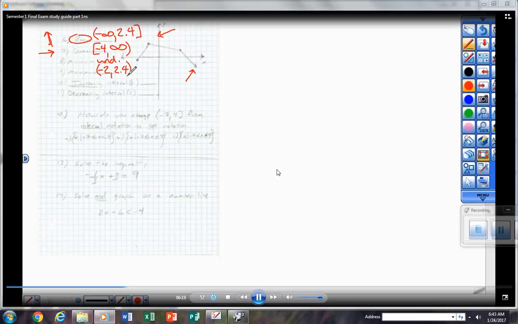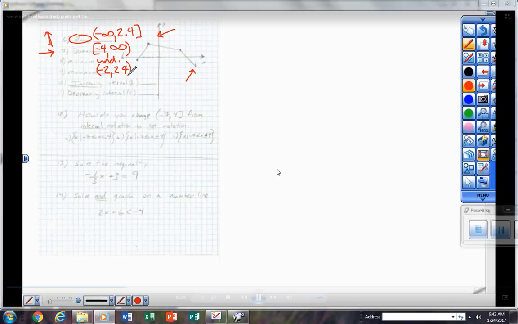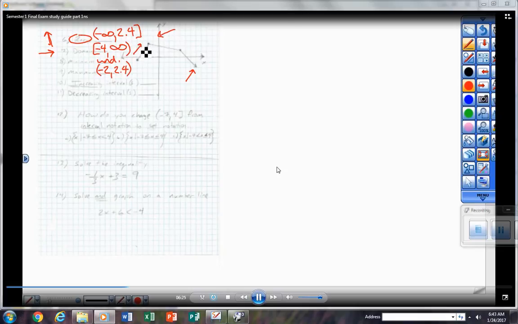All right, increasing intervals. That is where my graph is going up from left to right. So my first interval where it's going up looks like from right about here, going up from left to right. Again, this would be decreasing, going down from left to right. So the only interval where it's going up is right here.